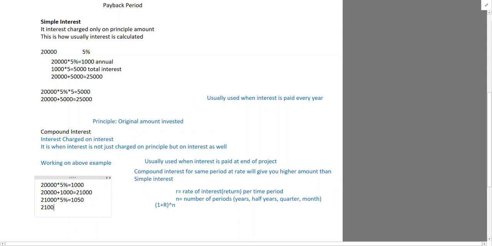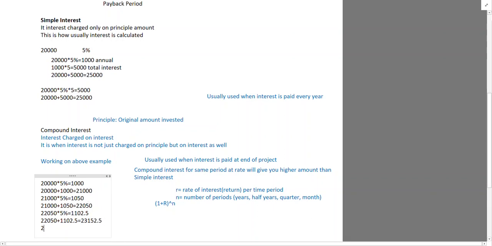So next year, $22.50 interest will be charged on this one. So interest is rolled into the principal amount, and then further interest is charged on that principal amount.